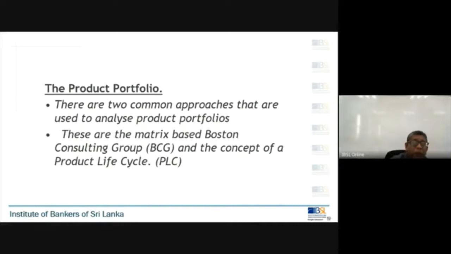For that, we need to analyze our product portfolio in detail. We may use two techniques: one is the BCG technique, the other is the PLC technique.